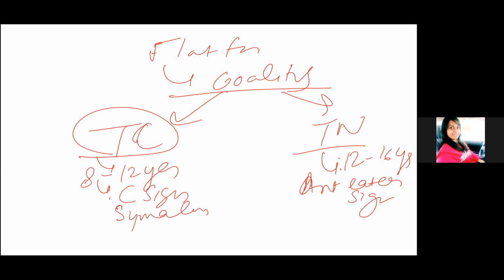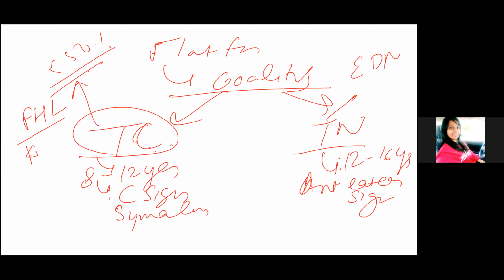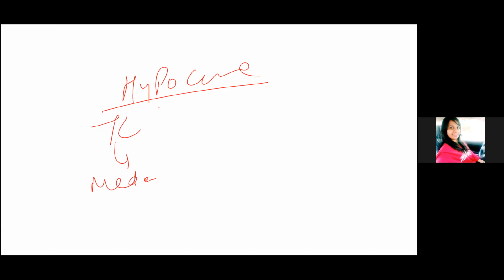In the talocalcaneal, if there is less than 50% involvement, then you can use the FHL and keep it in between. If there is less than 50% involvement, you can use extensor digitorum brevis muscle. You can also use fat graft to place in between. In the talocalcaneal, you will use a medial incision. In the talonavicular, you will use a lateral incision.